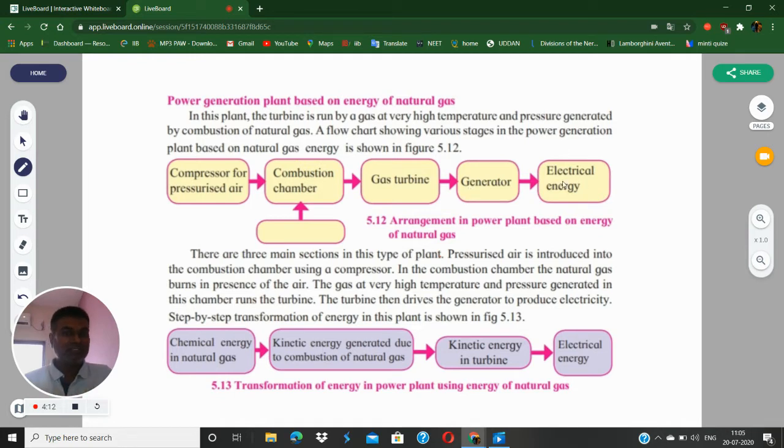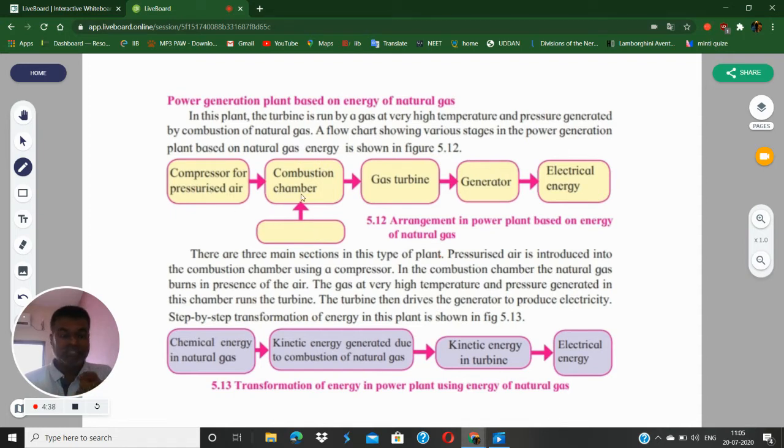It's very simple, and this flow chart is very important from the exam point of view. Such a chart comes in your question with some empty places, and when we fill them we get the marks.